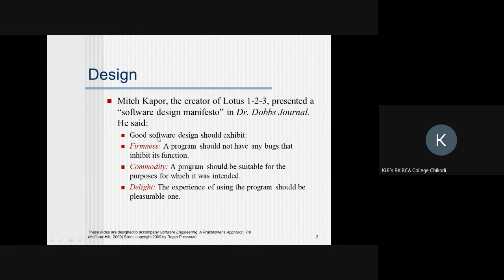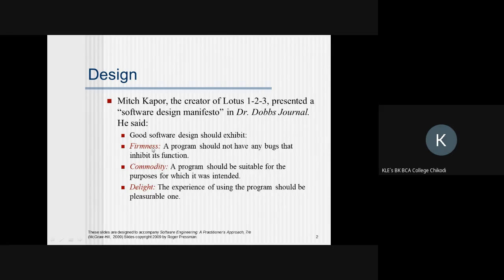Any good software design exhibits firmness. Firmness means the software should have very few bugs. If bugs are present, then no one believes in using that software.